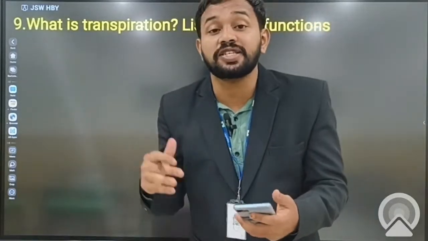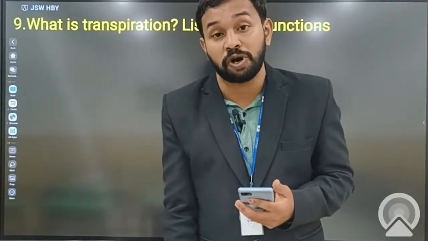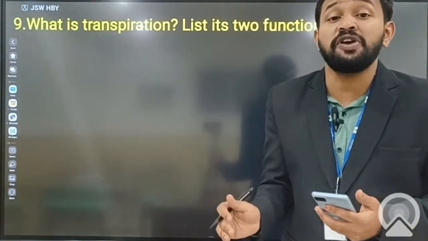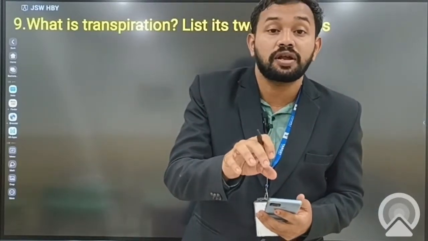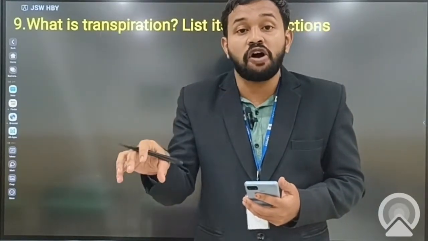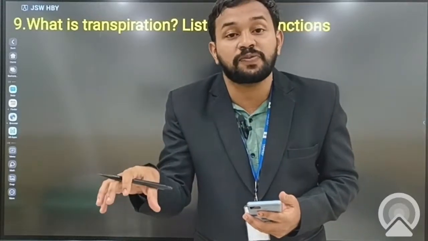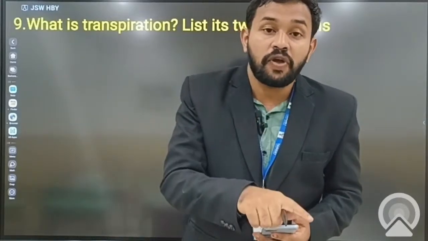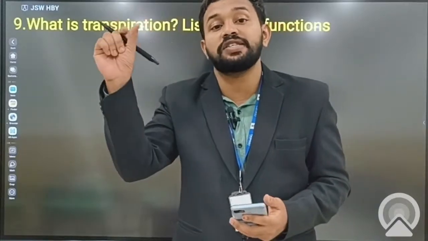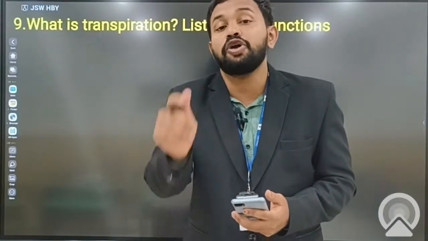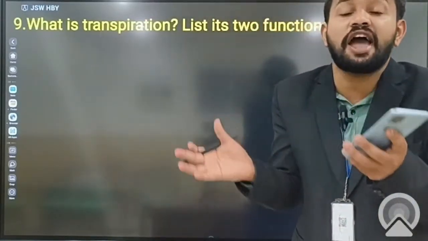I already discussed one function, that is transpiration pull. Transpiration helps in the absorption and transport of water and minerals from the root to various parts of the plant, and it also provides a cooling effect.